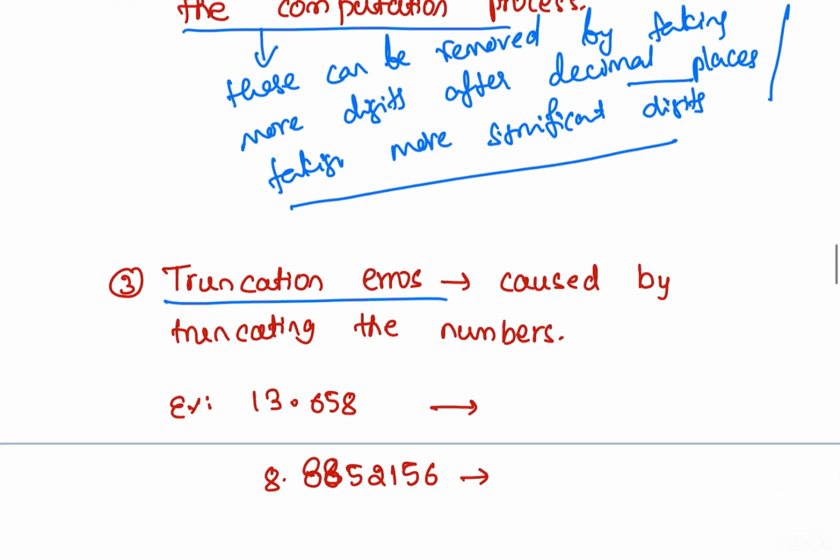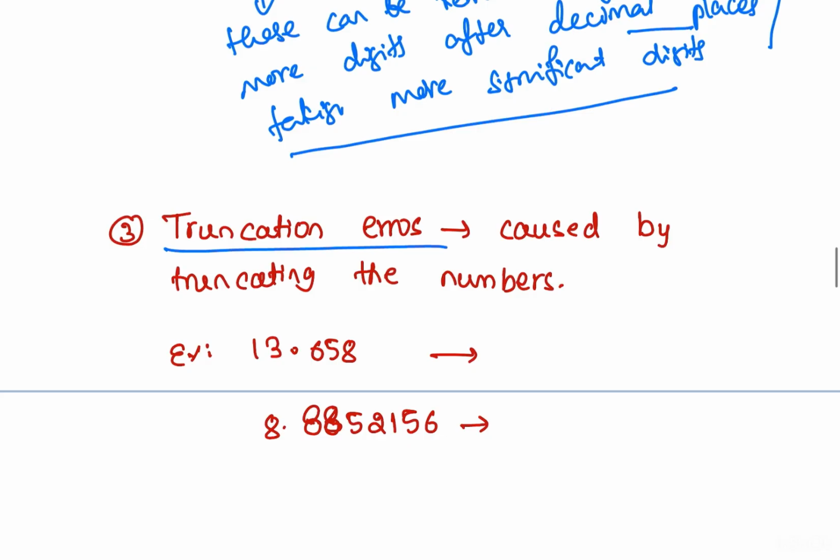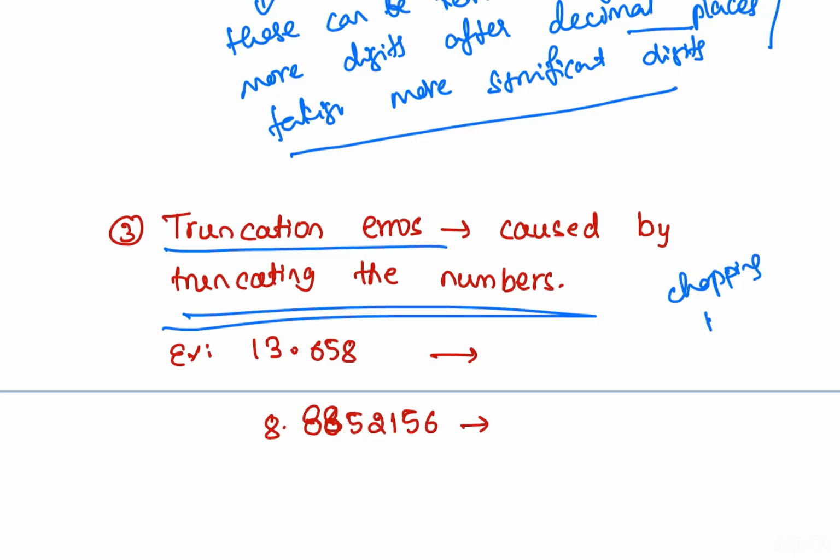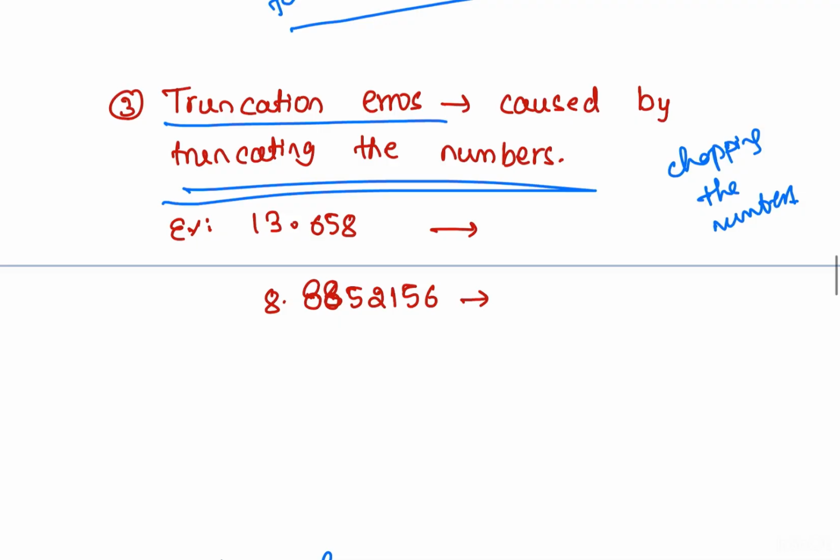Now truncation errors. These are the errors caused by truncating the numbers. Truncating means chopping the number after a certain place. For example, if it is truncated to 4 digits, then we will write only 4 digits.